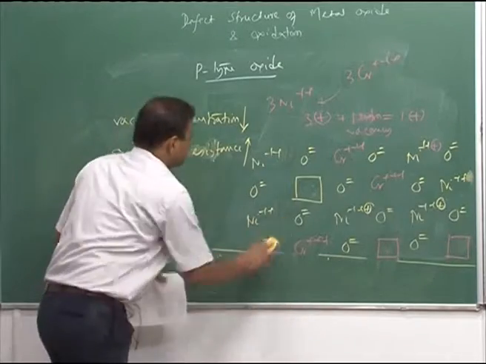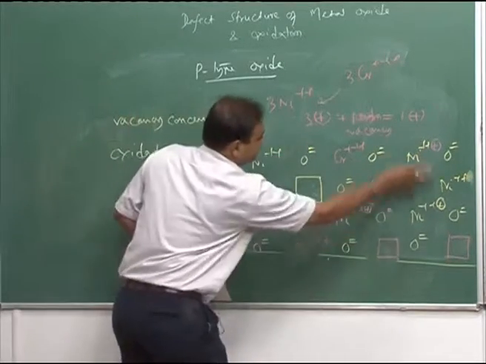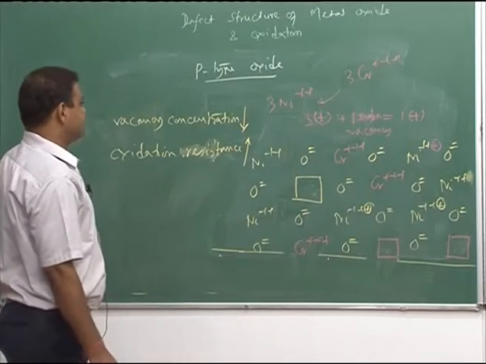So, if we reduce the positive hole, overall charge neutrality is maintained.